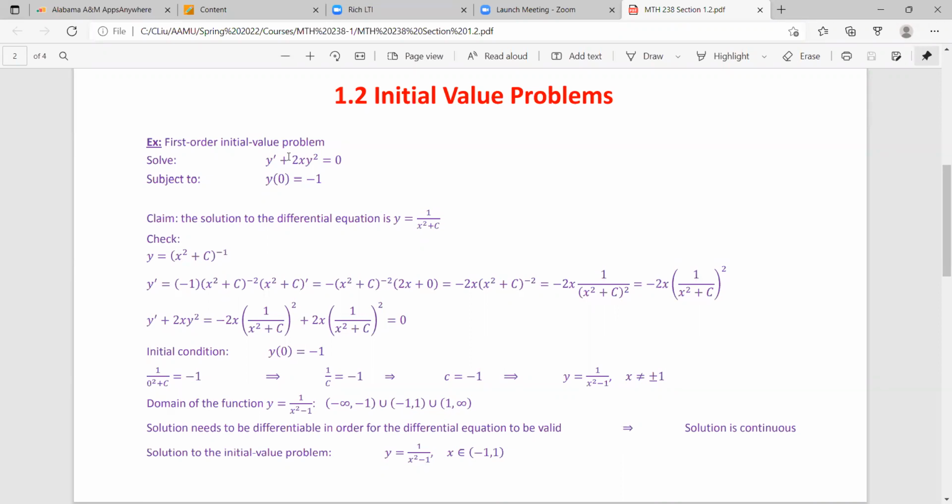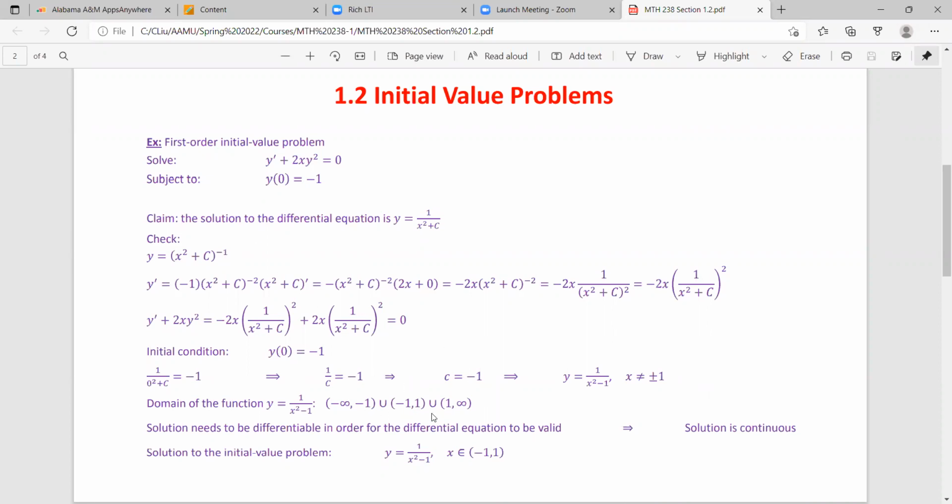All right. Okay. They're not in the domain of the function. It's not continuous. So they're not differentiable. The function is not differentiable at those 2 points. So that means the differential equation is not defined on the whole domain.